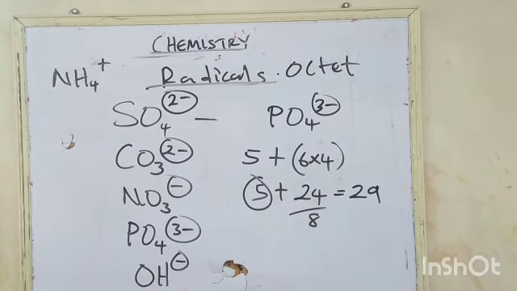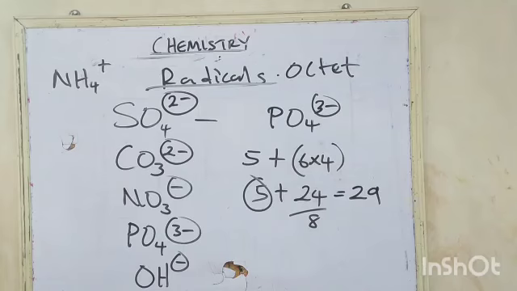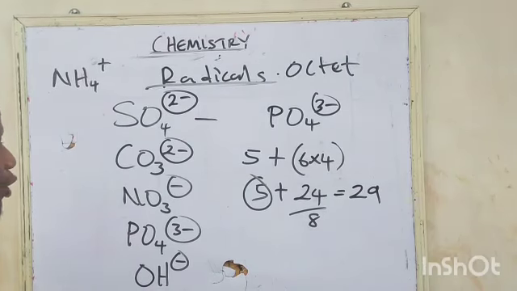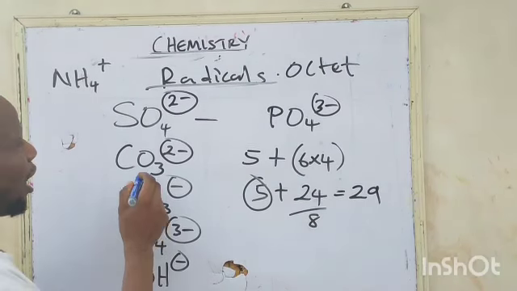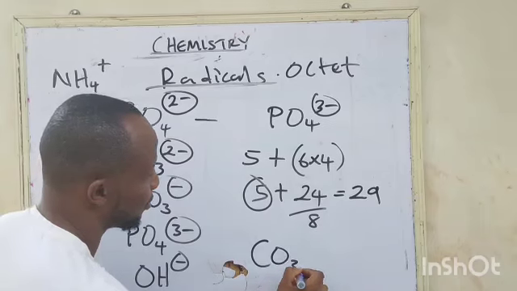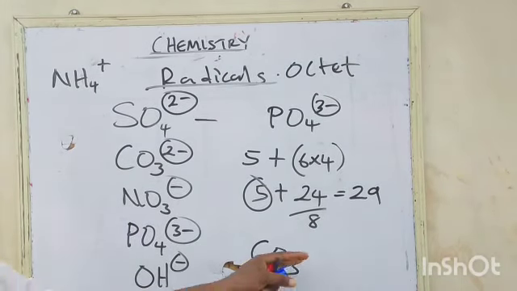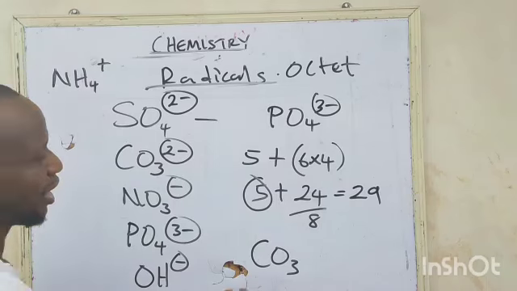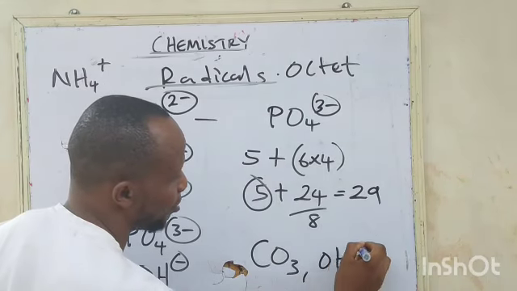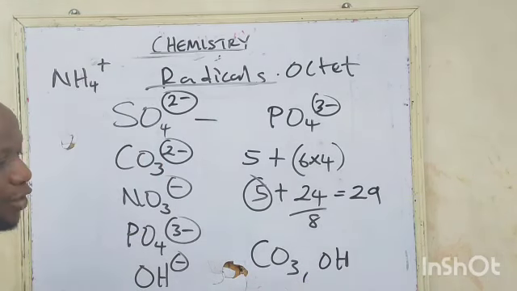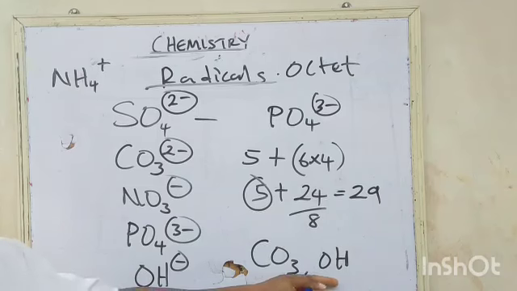Now, as a take home, in the comment section, please calculate the charge of the CO3 radical. What charge does it have? And OH minus, hydroxide, find out the radical.